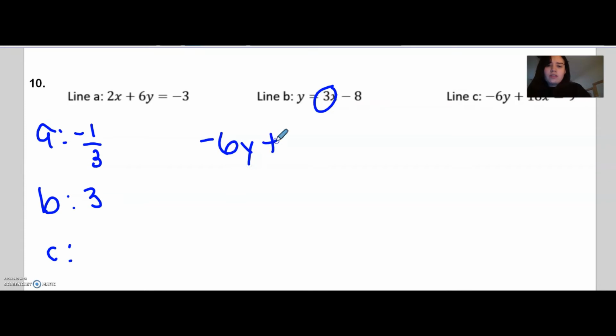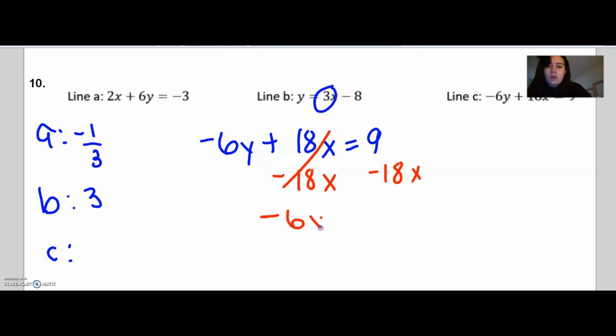So we have -6y plus 18x equals 9. Our first step is going to be to subtract 18x. So we'll cancel. We have -6y equals -18x. And a +9, so that's +9.